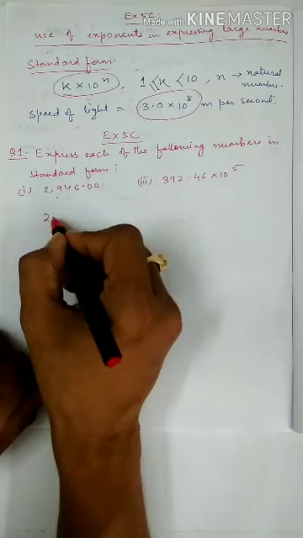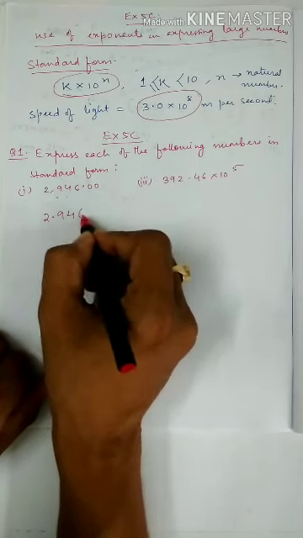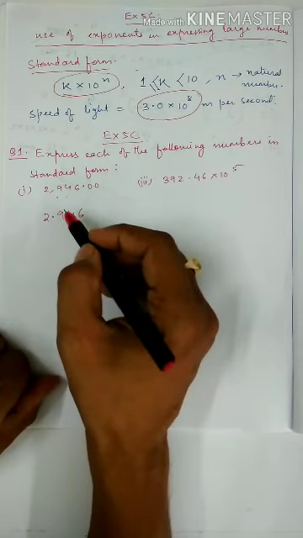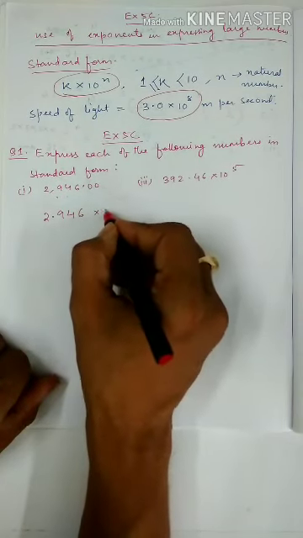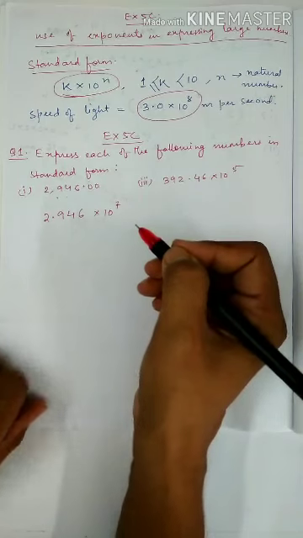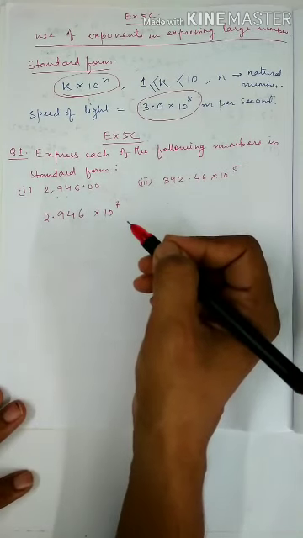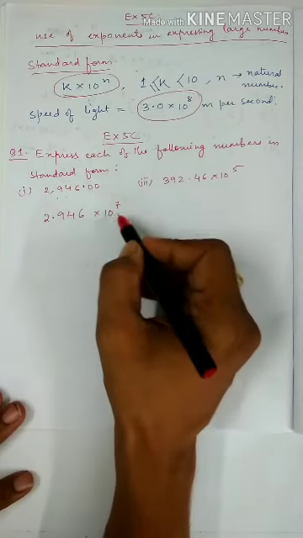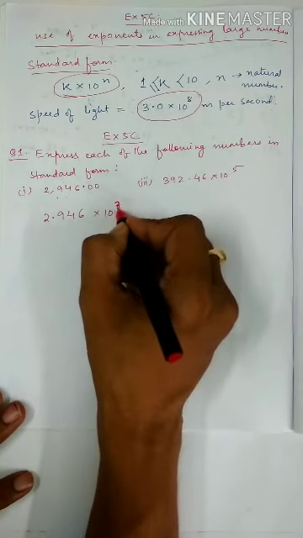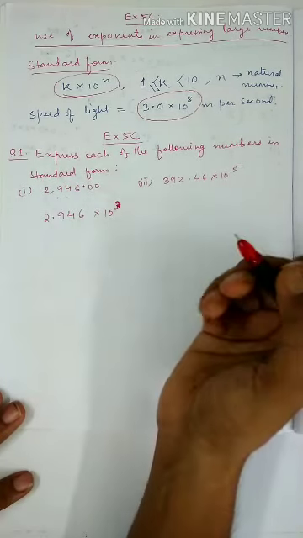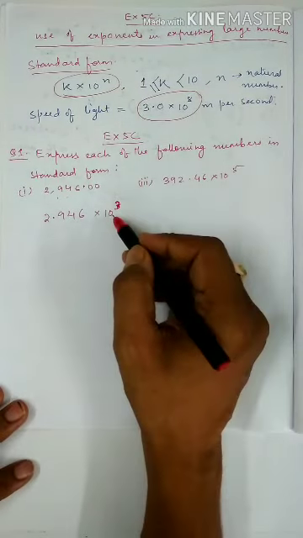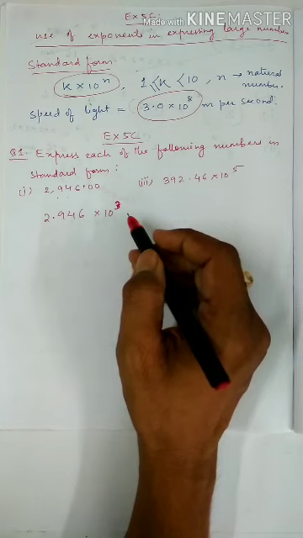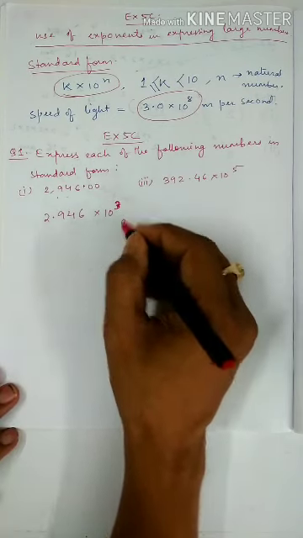So it should be 2.946. Since the decimal has shifted 3 places, we have to multiply by 10 to the power 3. Clear? So this is our standard form, this is our answer.